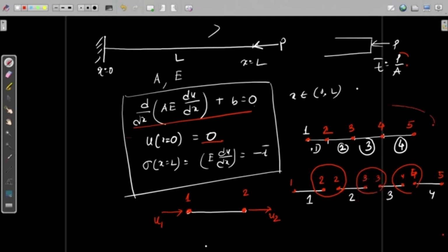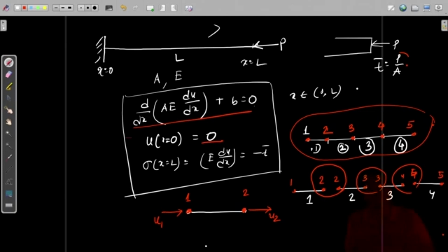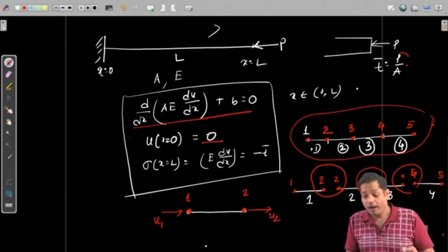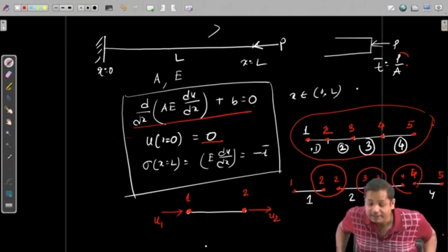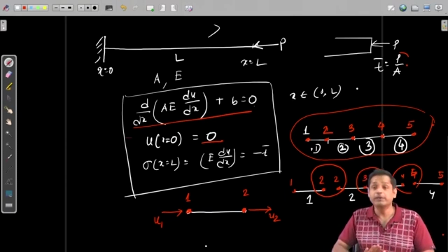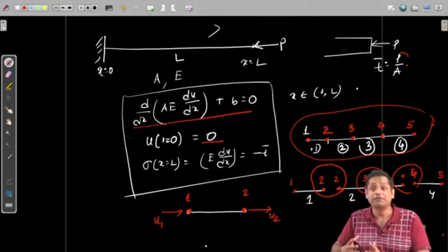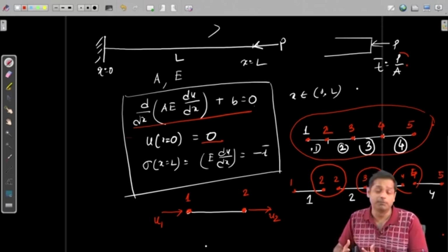Now, if we look at the total discretized structure, how many degrees of freedom? It has 5 nodes. So displacement at 5 points we need to know, and so it has 5 degrees of freedom. So when we have discretized it, we no longer deal with infinite degrees of freedom. We deal with a finite number of degrees of freedom.